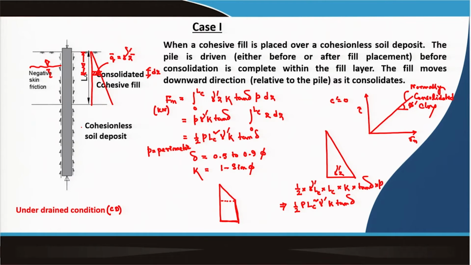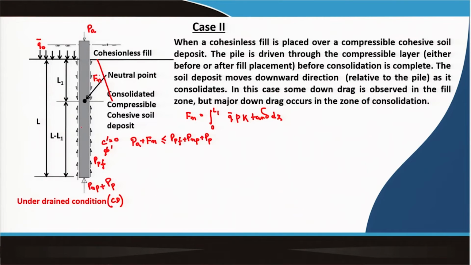Okay. So now here, the downward forces are PA and Fn, and the upward forces are PNP plus PP plus PPF. PPF is the positive friction resistance.